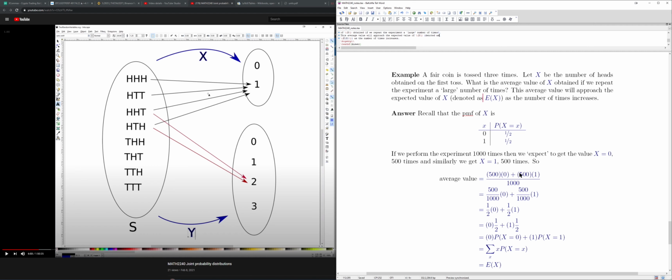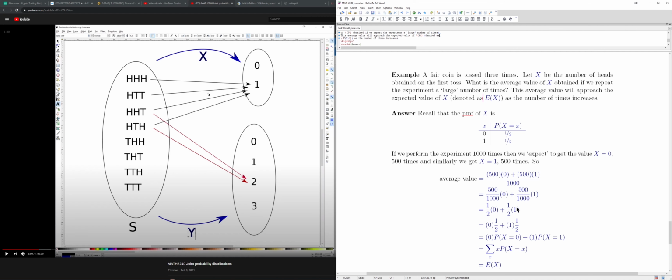So let's keep working this out. I'm going to rearrange a little bit. Here I have a common denominator, 1,000, so I can write this as 500 over 1,000 times 0 plus 500 over 1,000 times 1. And 500 over 1,000 is a half.